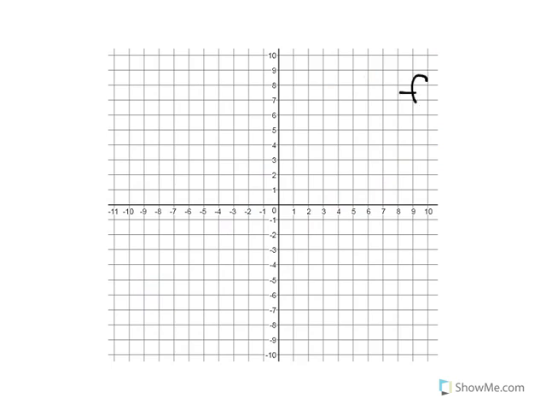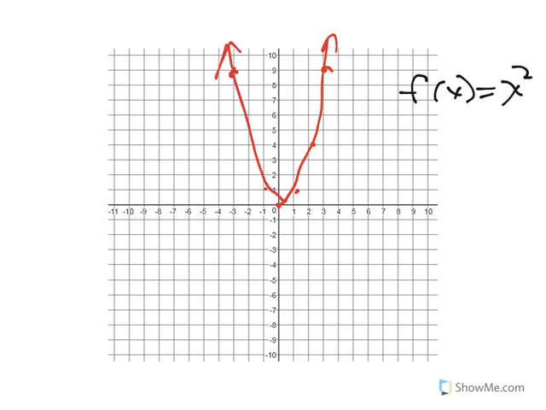Now if you take a more complicated function, f of x equals x squared, that's going to form a parabola. It's a lot skinnier of a parabola than most people think when they just try to sketch it by hand without using graph paper.